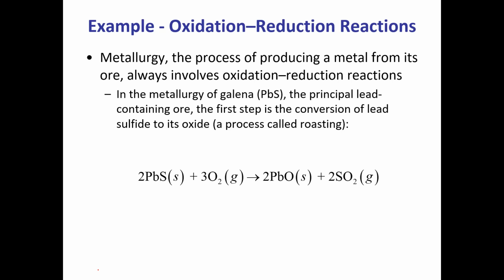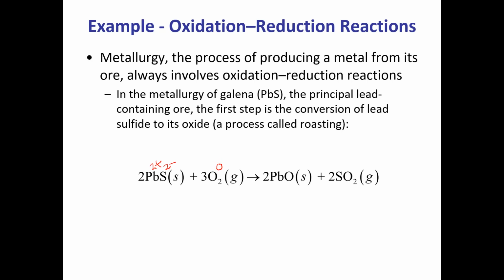If we look at this reaction here, we can't assign a charge to a transition metal because those can have different charges. So we have to start with the anion to figure out what the charge is on the transition metal. Sulfur is in group 6A or group 16, so it has a 2 negative charge, which would mean the charge on lead has to be 2 positive.